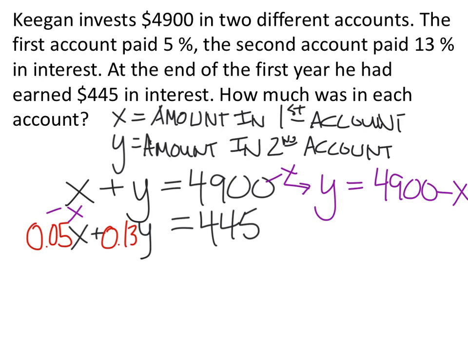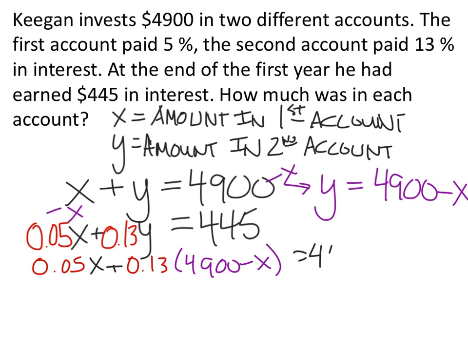Now in the equation I can replace the Y with 4,900 minus X. So I have 0.05X plus 0.13, but once again I'm going to replace the Y with 4,900 minus X. And this all equals 445 from the equation.